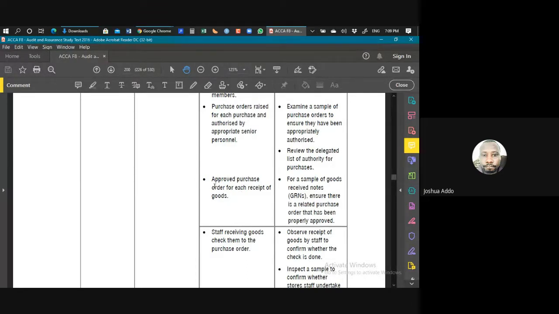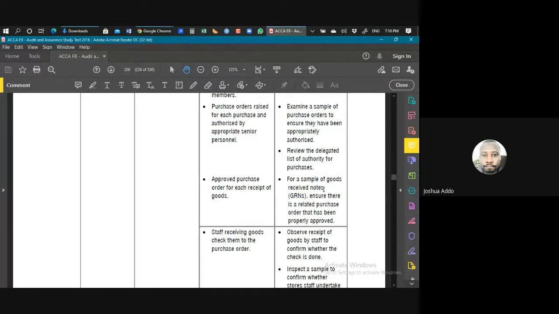How will the auditor check that this control is working? Approval of purchase orders for each goods received. This is what he can do. For a sample of goods received notes, a goods received note is an acknowledgement of the goods that we have received. You can take a sample of GRNs and ensure there is a related purchase order that has been properly approved.